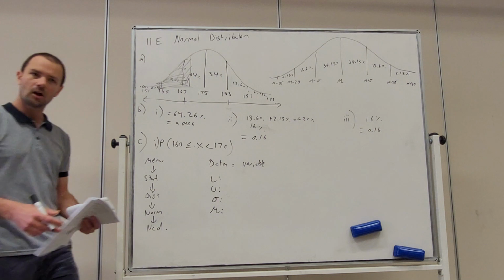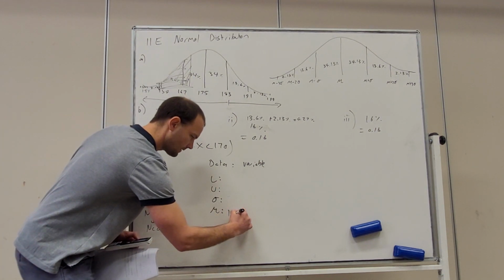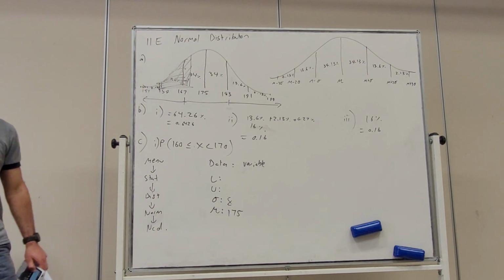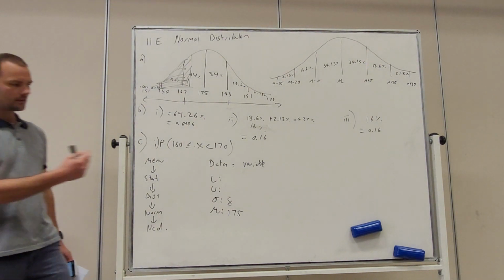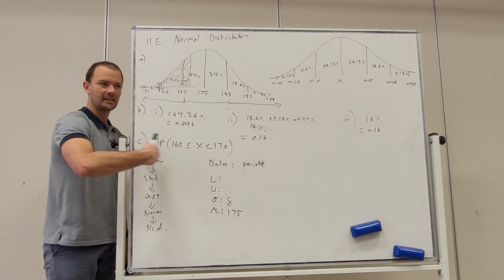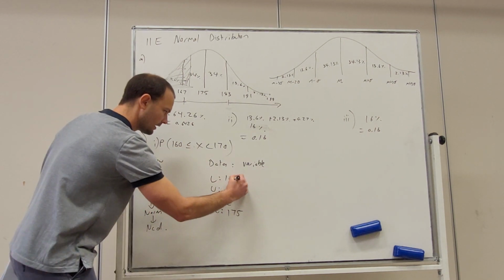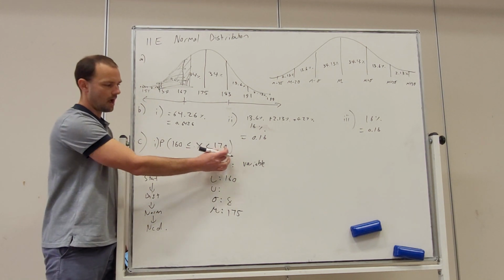The mean of the distribution is 175 centimeters. The standard deviation is 8, so we can fill those in. The lower boundary is our lower end here, 160, and our upper boundary is 170.